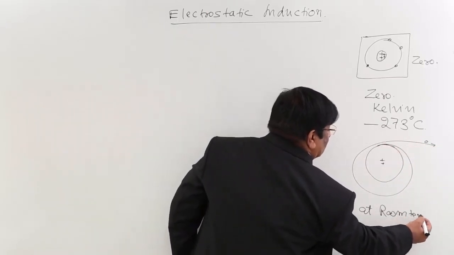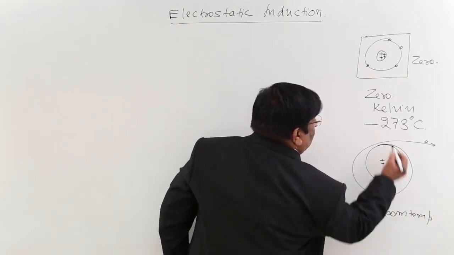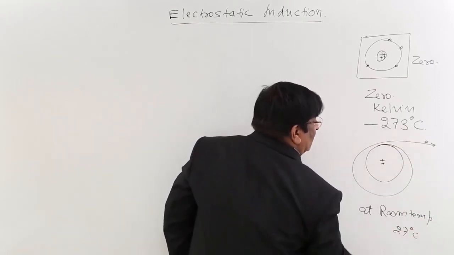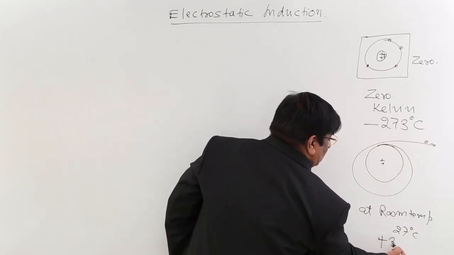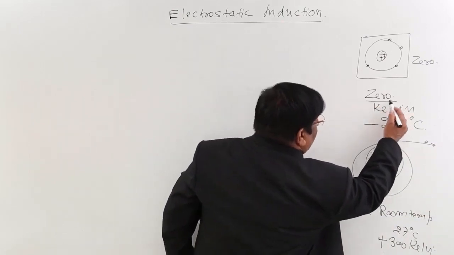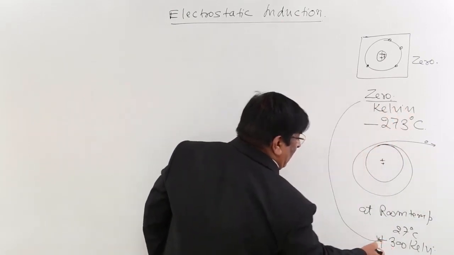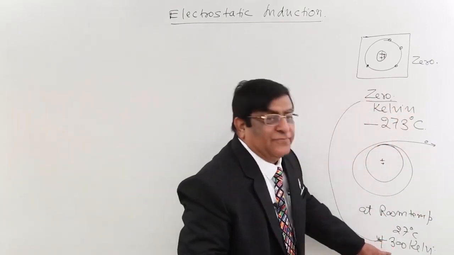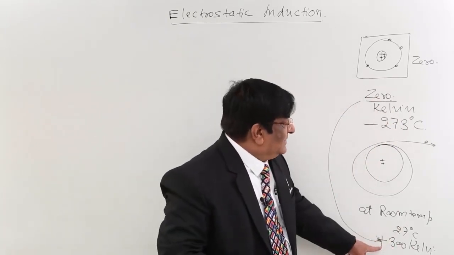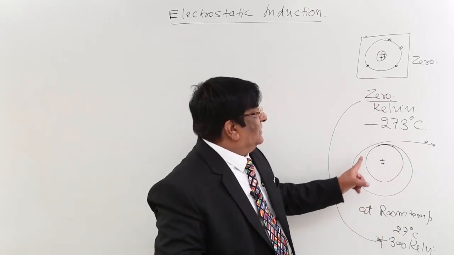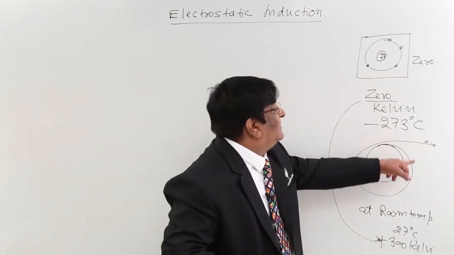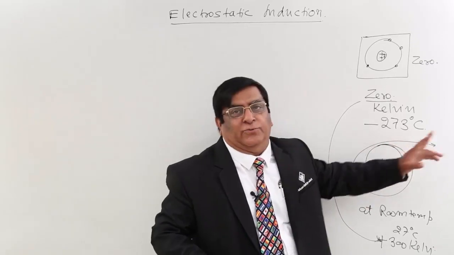Let us say 27 Celsius. 27 degrees Celsius is plus 300 Kelvin. So from 0 Kelvin to 300 Kelvin is a lot of increase in the temperature. If there is this increase in the temperature, then there is a lot of energy given to this electron, and maybe some electrons will leave the orbit and will go out.